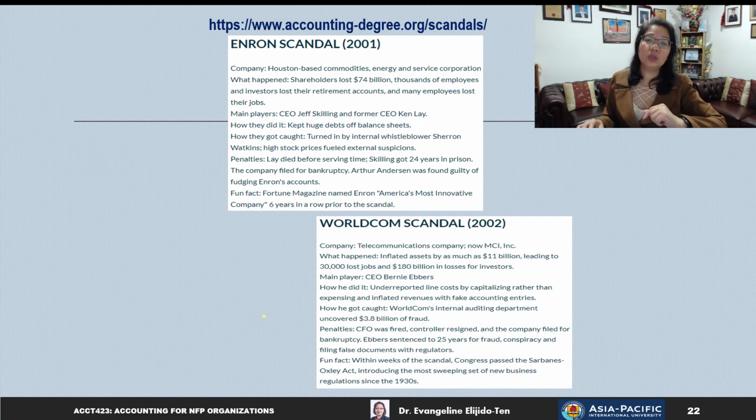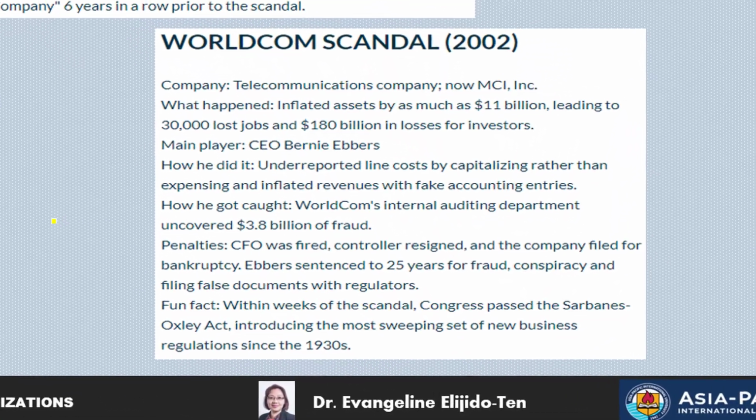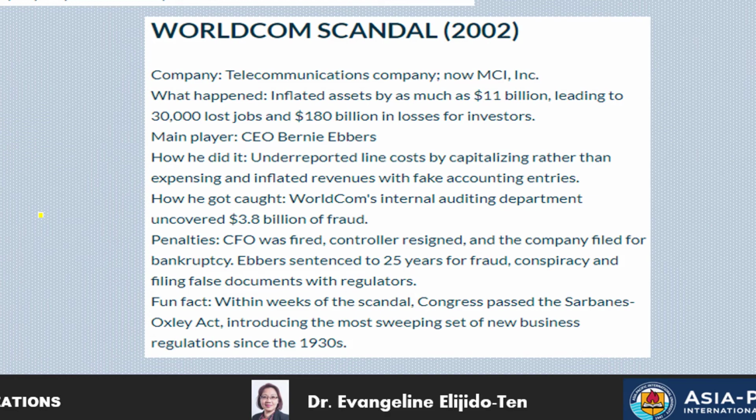What about WorldCom? Just a year later, WorldCom, which is a company in the telecommunications industry, also went bust. What happened? They inflated their assets by as much as $11 billion. So they were overstating their assets. And so this led to 30,000 lost jobs and $180 billion in losses for investors.